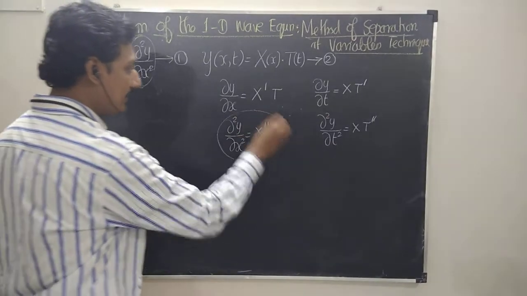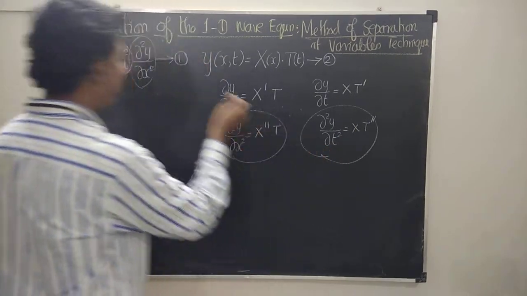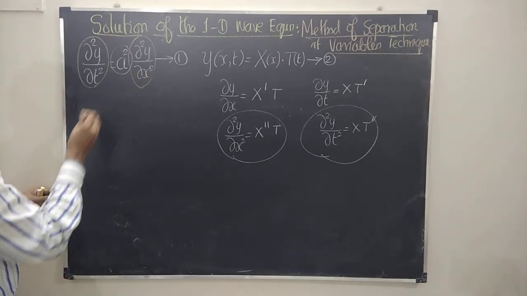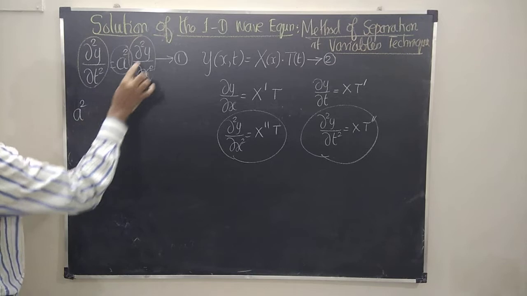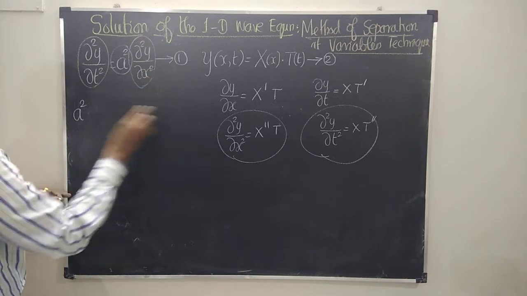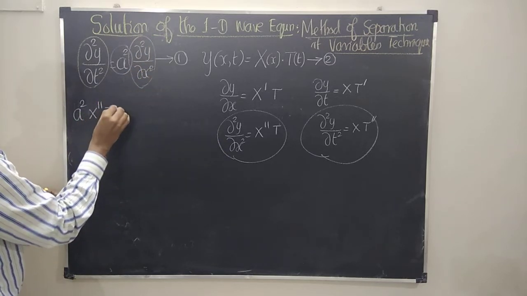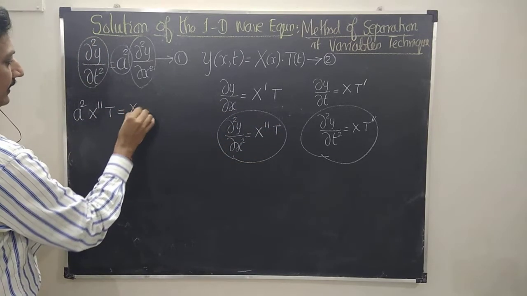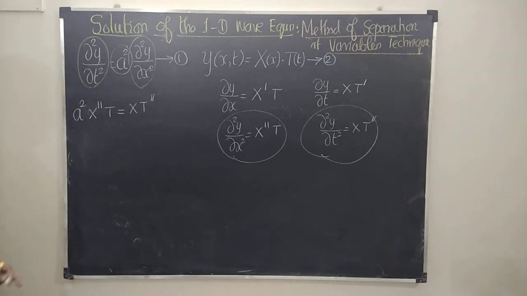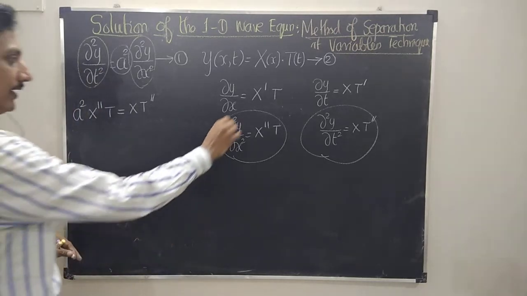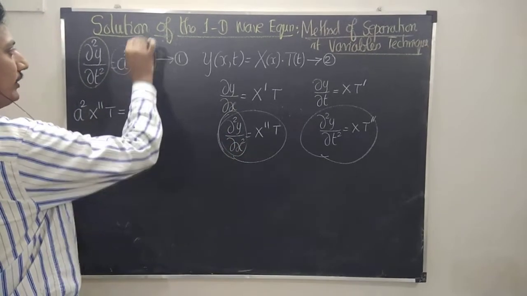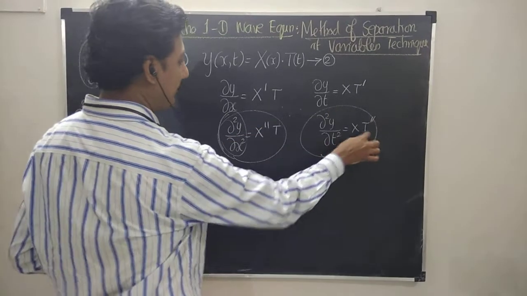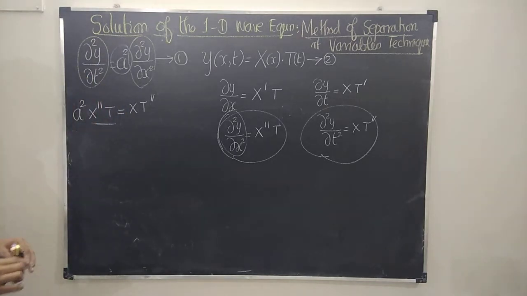Now can we use these values in the given equation number 1? So ∂²y/∂x² is nothing but X double dash into T, and what about ∂²y/∂t²? X T double dash. Once I repeat this, I can rewrite ∂²y/∂x² = X double dash T and ∂²y/∂t² = X T double dash.